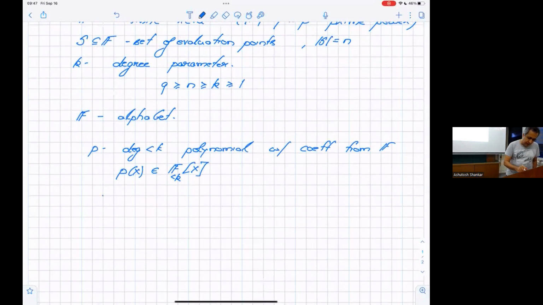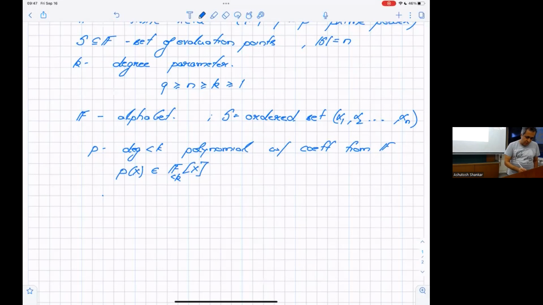One more feature: S is not just a set, there is an ordering among the elements. It's an ordered set, so there's an alpha 1, then an alpha 2. So it's a tuple rather than just a set. So the first element of S, the second element of S, and so on. Notice these are all distinct elements in the finite field.